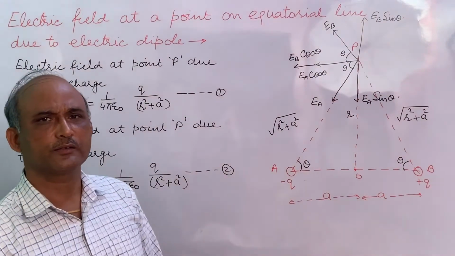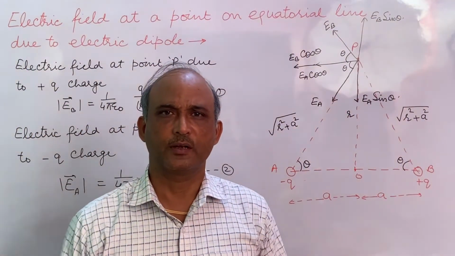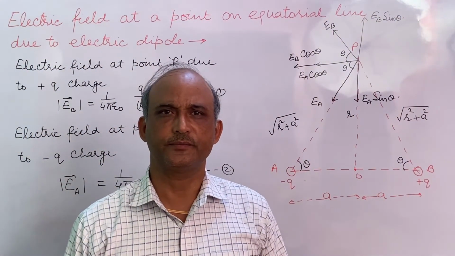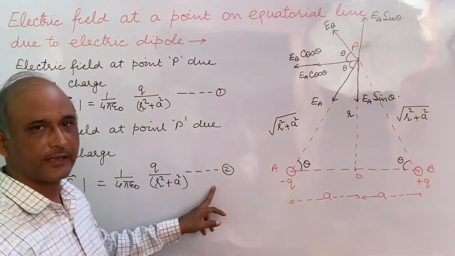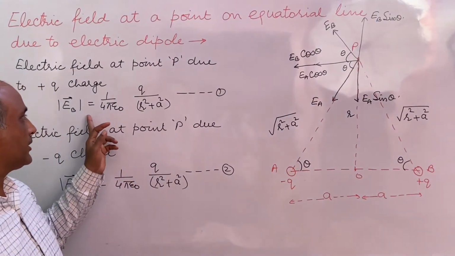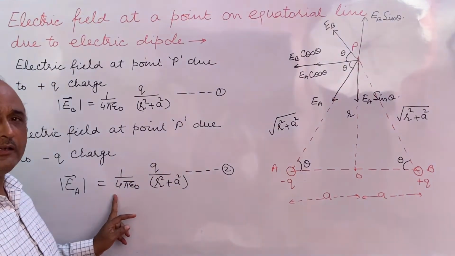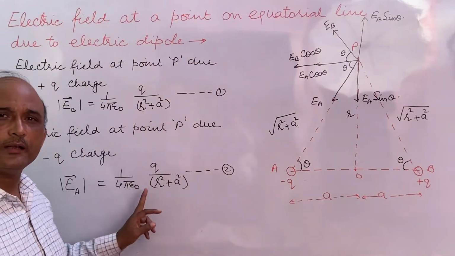Equation second. Is it clear? It is clear from equation first and second that the magnitude of EB and EA are equal.